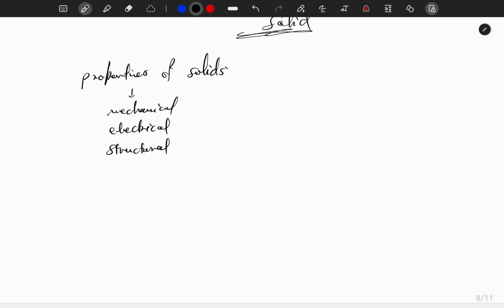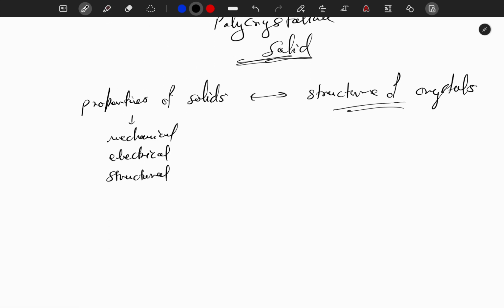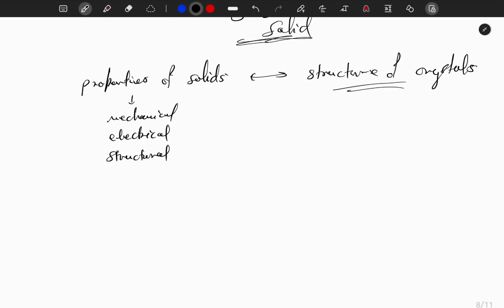Okay, so the properties of solids are related to the structure of crystals. If the material is crystalline, it can be a better conductor.